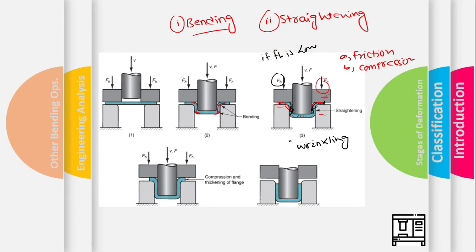If FH is low, then wrinkling occurs along the wall of the drawn cup. But if this holding force becomes too large, there is rapid thinning of the material along the die radii, and it might lead to tearing of the sheet metal. So determining the proper holding force involves a delicate balance between multiple opposing factors.